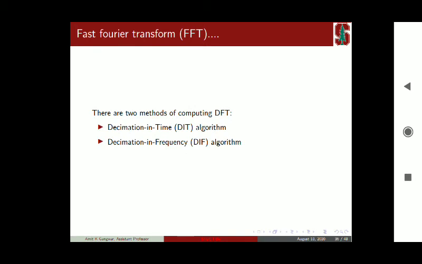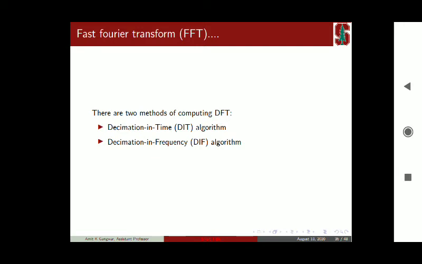As I told you, there are two very popular methods used in the fast Fourier transform for the computation of the DFT. The first is decimation in time algorithm, and the second is decimation in frequency.